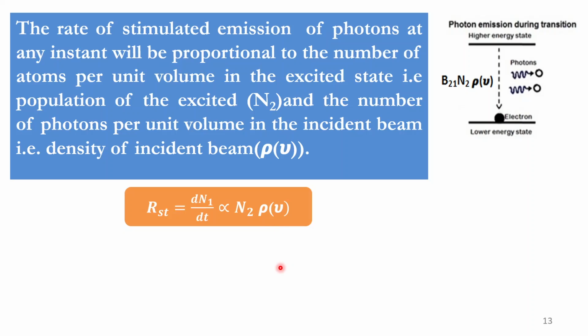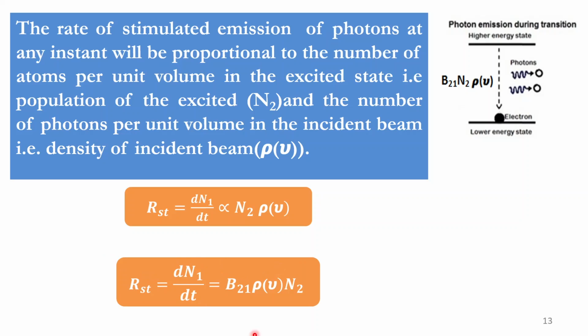Therefore we can write that the rate of stimulated emission is directly proportional to the population density of the excited state N2 and the density of the incident beam, rho of nu.